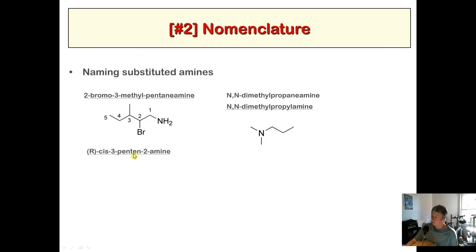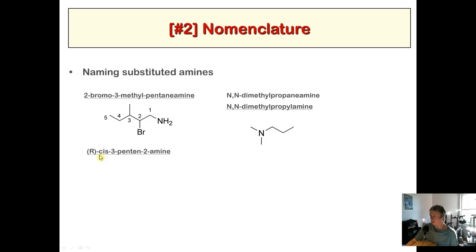R-cis-3-pentene-2-amine. Well, if it has R, it's going to be stereochemistry. We're not testing you on R and S stereochemistry in this course. But this is a pretty complicated one. 3-pentene-2-amine would mean 5 carbons, with an amine on number 2 and an alkene on number 3.